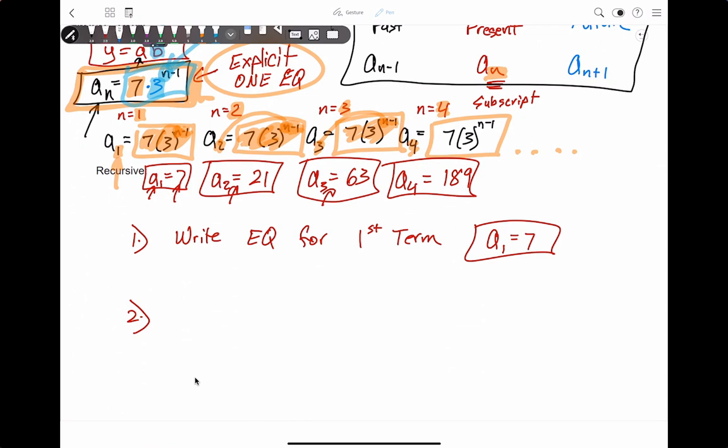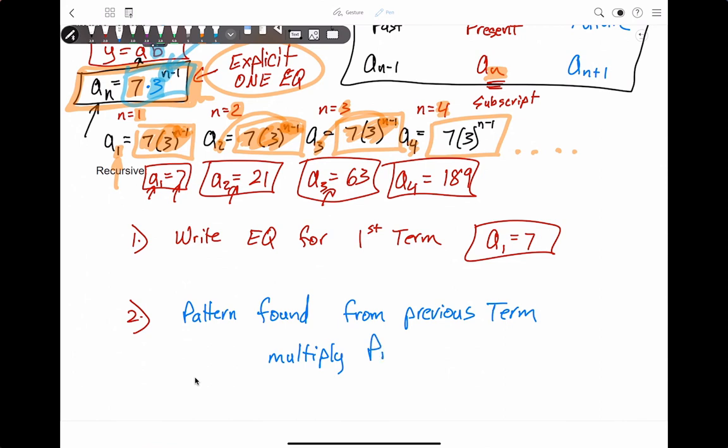Our second equation is going to be, what is the pattern? Okay, so what is the pattern that you found from the previous term? Okay, so we found that we were multiplying our previous term by 3. So if I multiply my previous term by 3, what that looks like is, okay, let's go back a little bit.